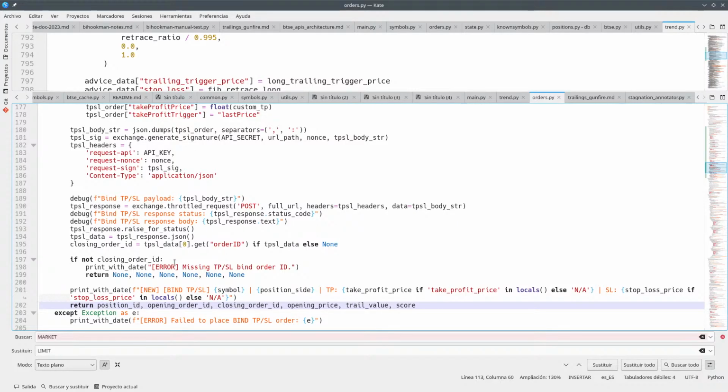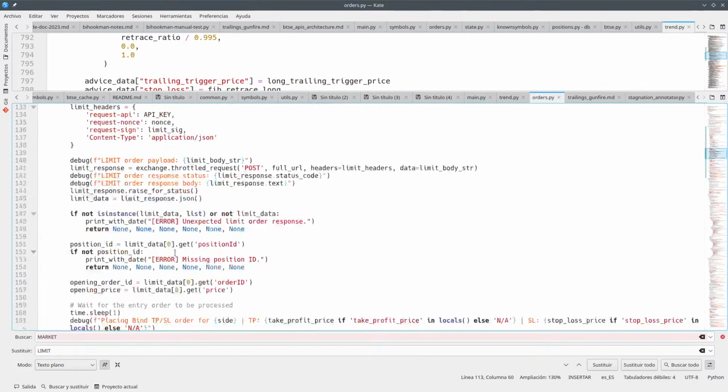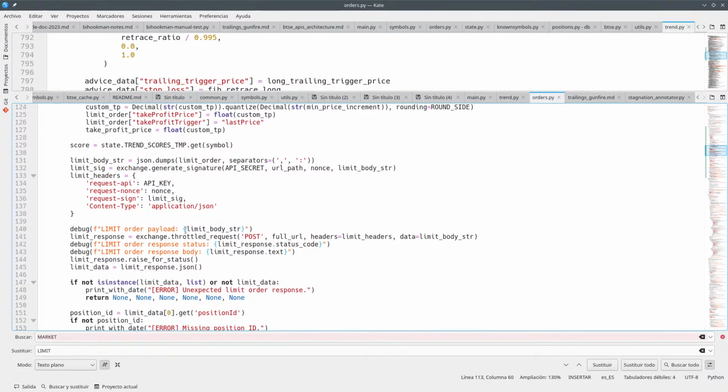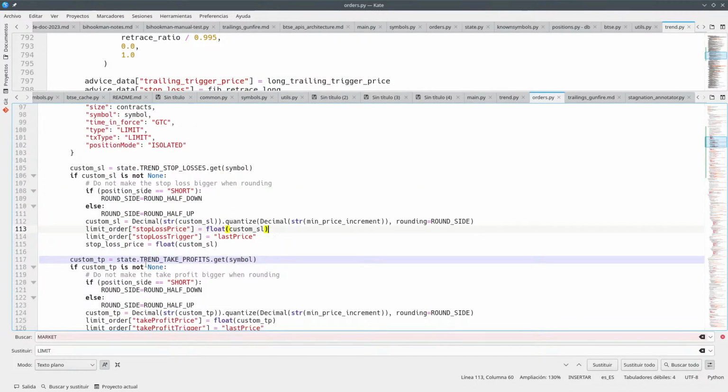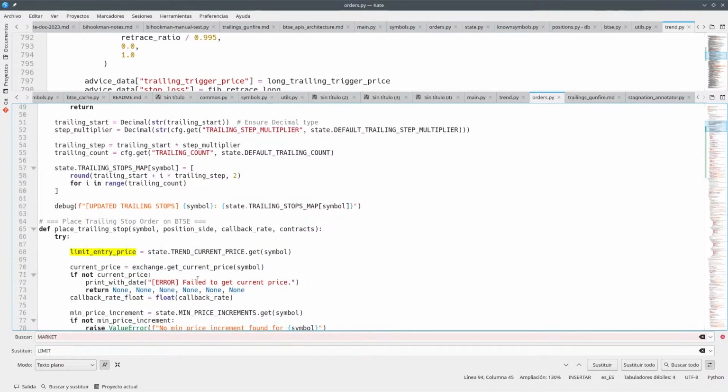So before handling the limit orders and so on, what we're going to do is to try to fix this thing. So this is limit entry price, which comes from the current price in here, that this is having.